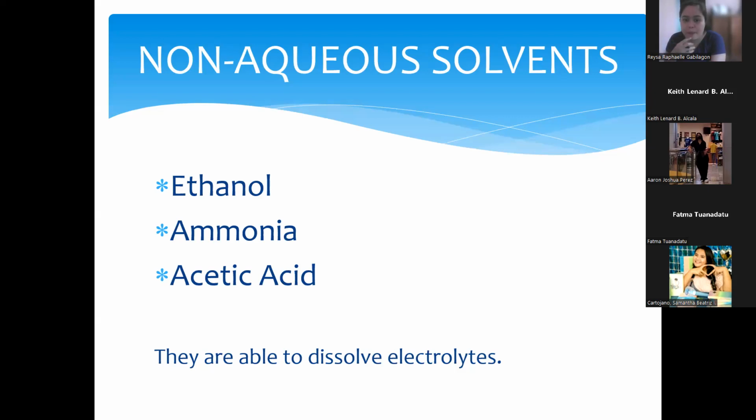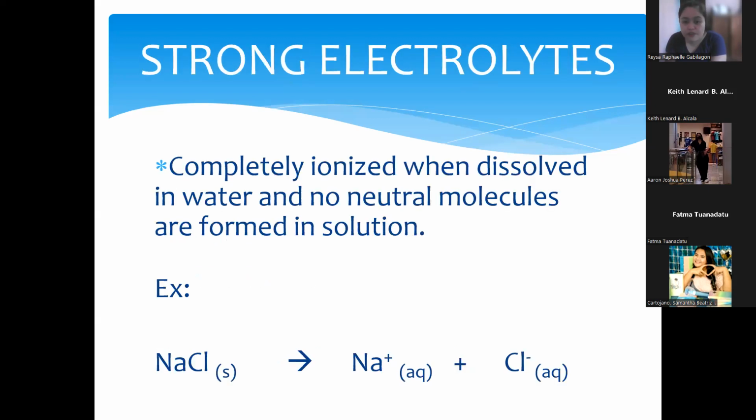So anong example ng non-aqueous solvents na meron ding ability to dissolve electrolytes? So we have here ethanol or our ethyl alcohol. Pwede din yung mag-dissolve ng electrolyte. The ammonia and even the acetic acid. Again, we call them non-aqueous solvents. They still have the ability to dissolve electrolytes.